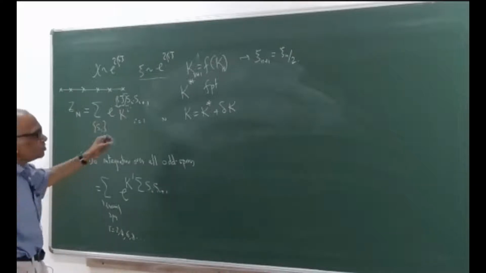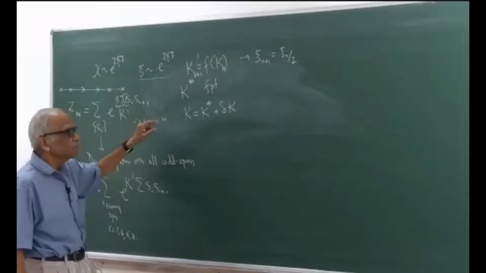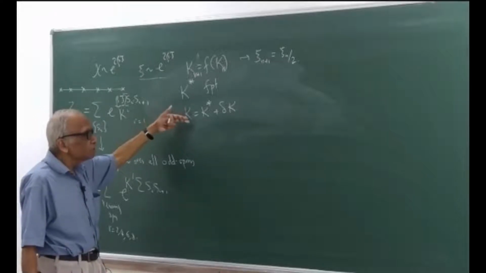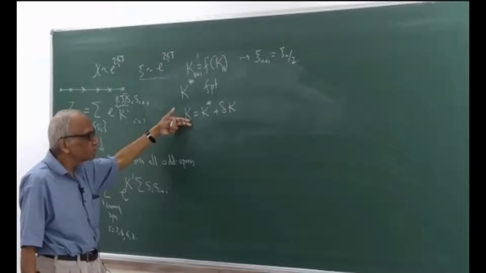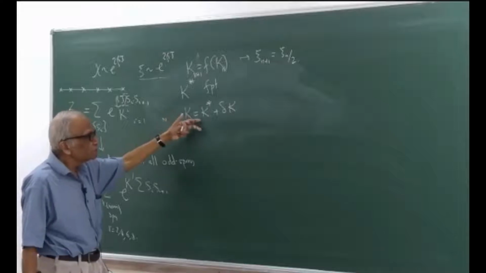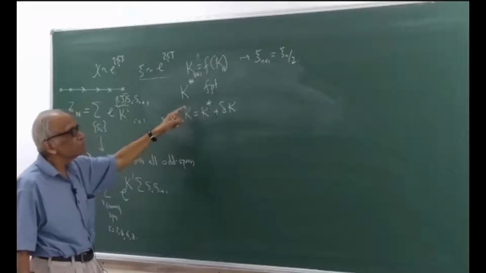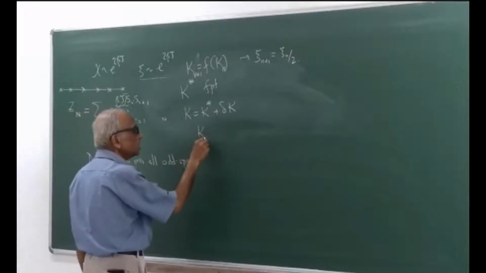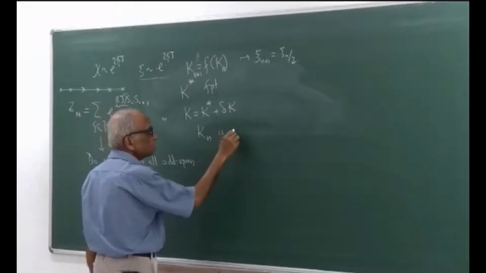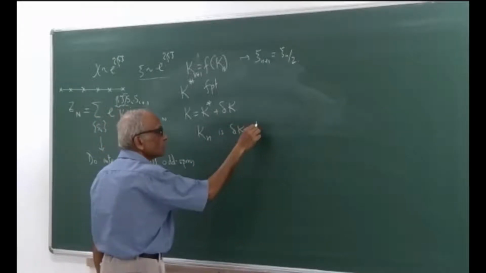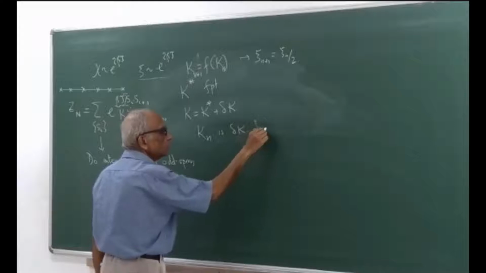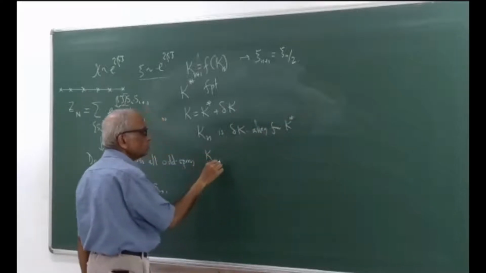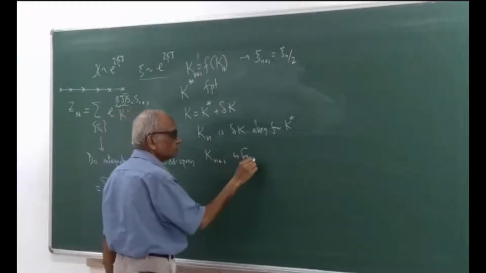So I move away a little bit, and what happens is that you move away a little bit more. If K_n is delta K away from K star, then K_{n+1} is further away.